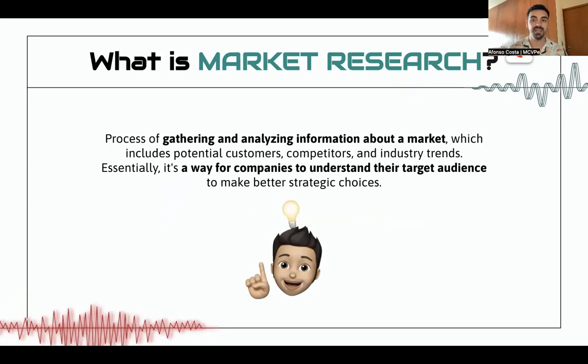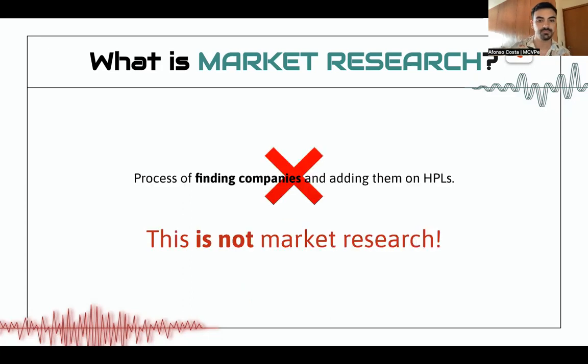So the first step is for companies, for Isaac, to understand the market they are operating in. And based on this information, they are able to draw more strategic choices. So they will define their strategy based on the information they gather from the market they are operating in.